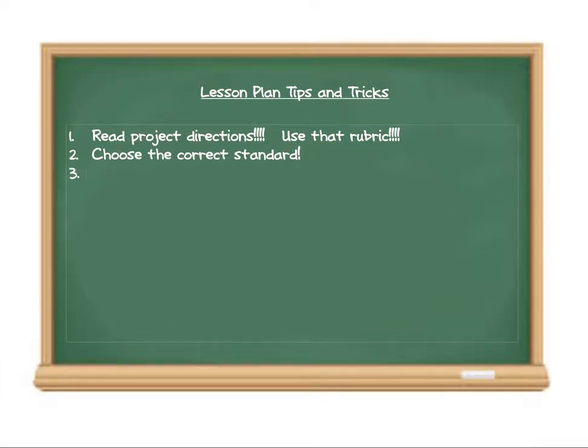Then after you have your correct standard, you want to write a simple objective. Now, this is not an activity description. Okay, so an activity description sounds like I'm going to read a book, then the students are going to do a matching activity, and then I'm going to share with them how I think they did.